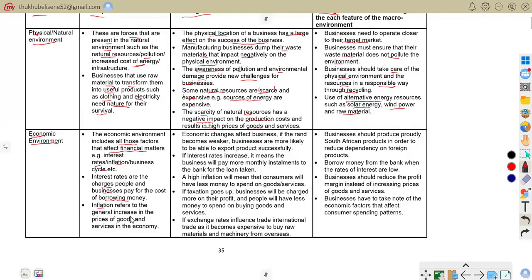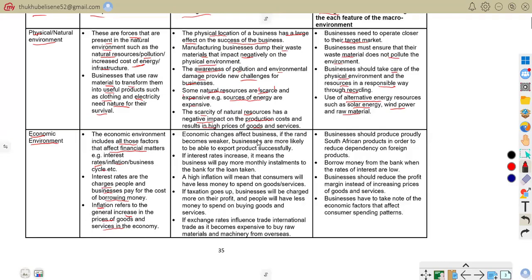Inflation refers to the general increase in the price of goods and services in the economy. So goods and services become more expensive. That's when the bread price increases.